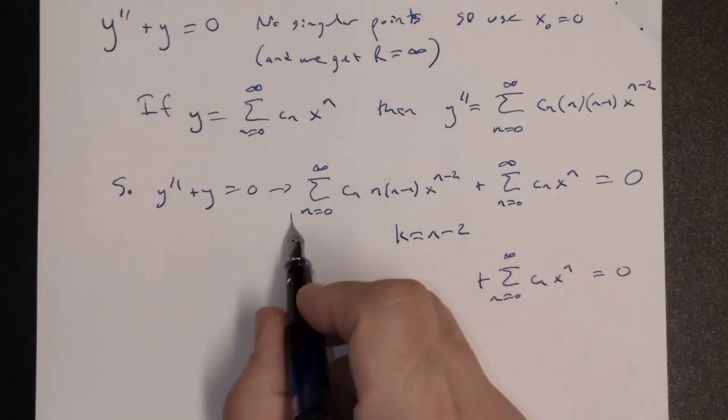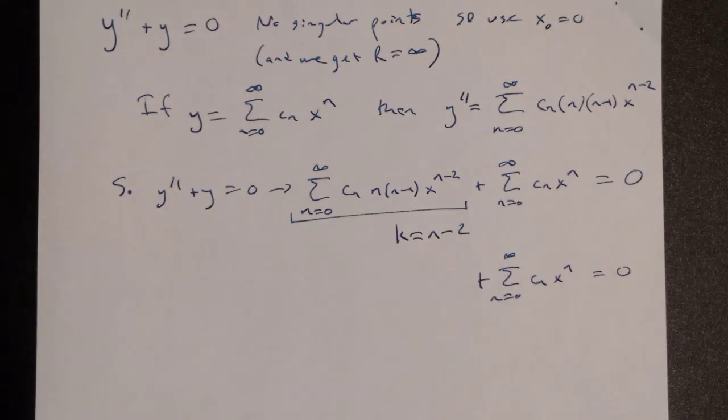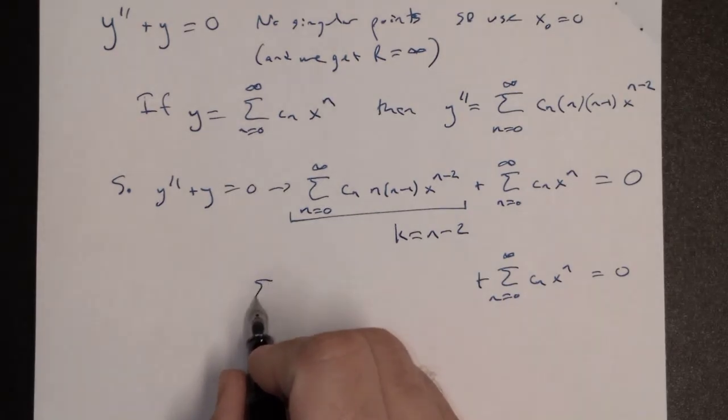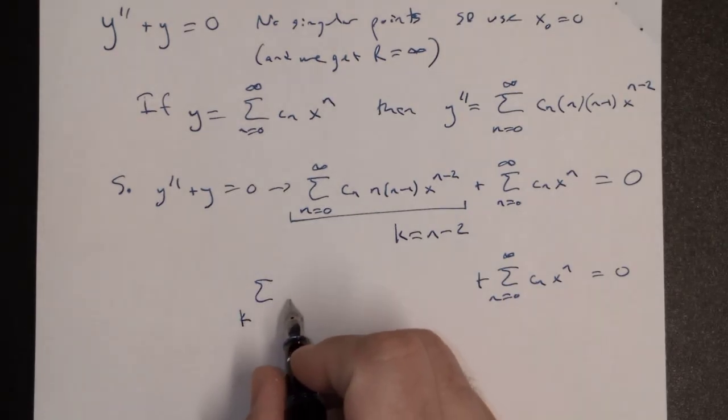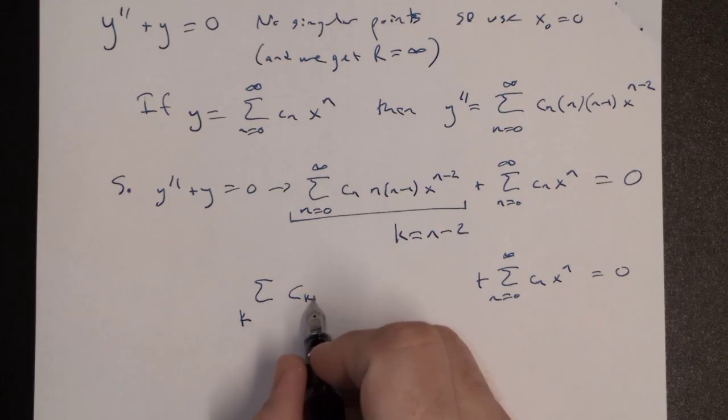What happens to this series? Well, everywhere you see an n minus 2, put a k. So what happens when I see an n? It would be, so I'm going to get C(k plus 2).